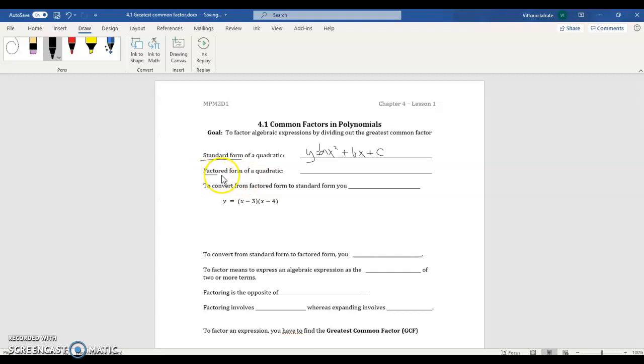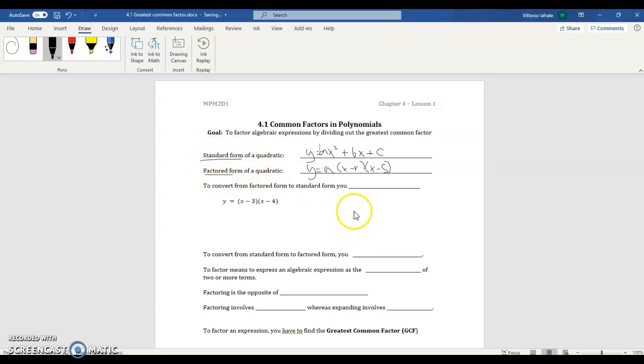You can also see quadratic relations in a different form called the factored form, where y is equal to a(x minus r)(x minus s), where you can use r and s to find your zeros. So different forms are useful for many different things. Now you can convert from one form to another. You can go from the standard form to the factored form and from the factored form to the standard form using different techniques.